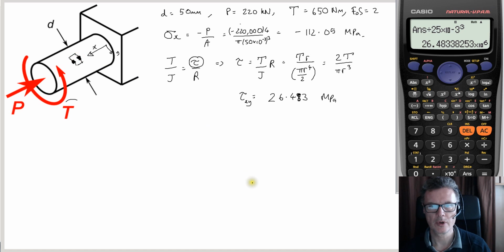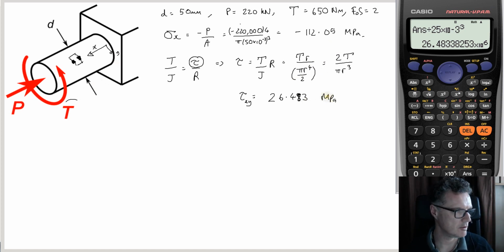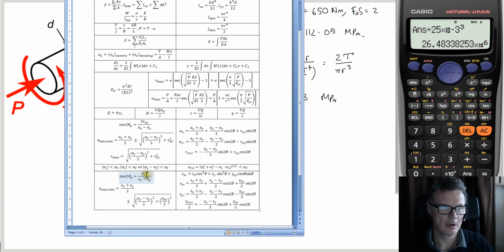Okay, so I've worked out what the stress is in that x direction. I worked out the shear in that direction. What kind of things would I want to know? In terms of structure, these are the two equations of greatest interest, really, isn't it?